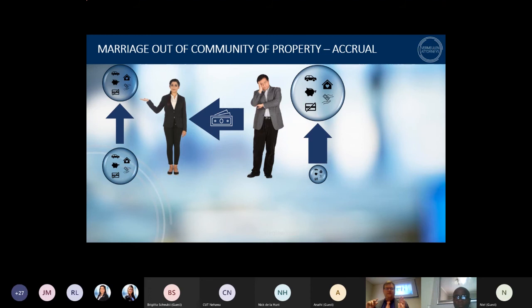Let's talk about what a marriage in community of property versus out of community versus accrual is, and what they are not. In terms of accrual, let's talk about what it is. It's deferred sharing of gains. What is it not?